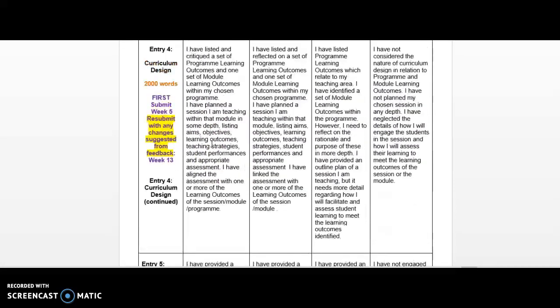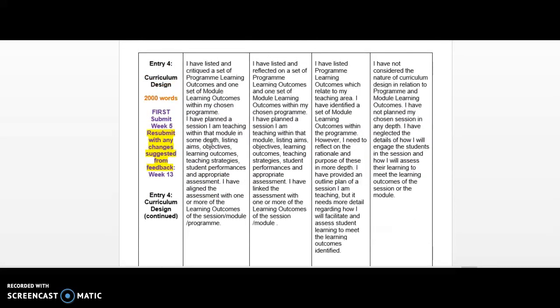So it is only one for each entry. If you think back to last semester, you had a whole rubric for each of the entries, whereas this one rubric serves all of the entries. So for my entry 4, if I was writing that, all I'd need to be doing is making sure that I'm essentially meeting one or two of the well achieved or the achieved in terms of these various criteria within it.